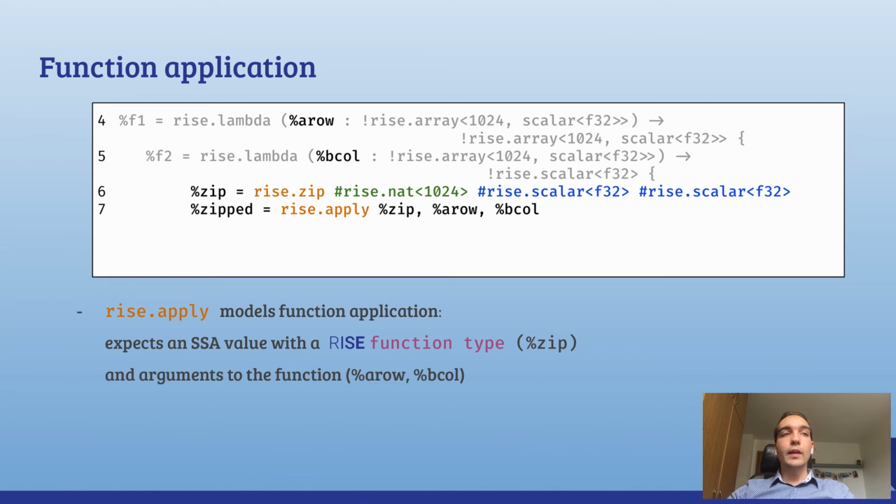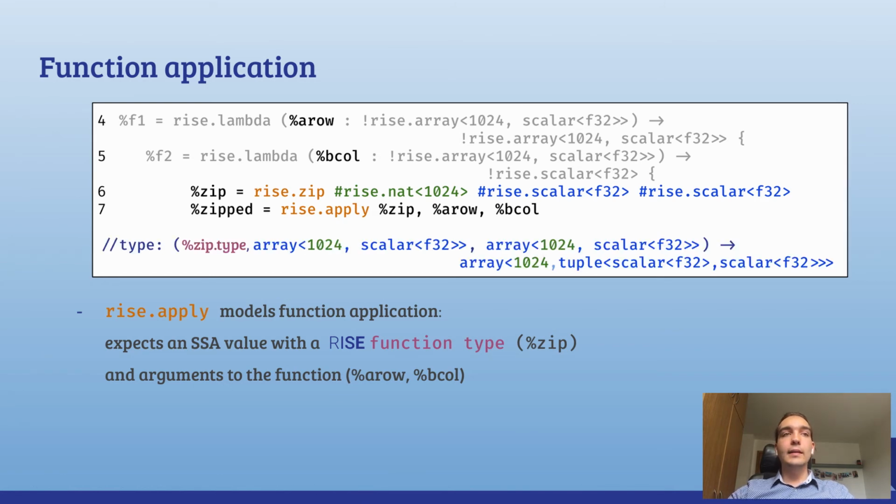And one or more values, which are the arguments to this function and have to fit its type. These are %A_row and %B_col. So these are the input to the function zip. And in consequence, the type of the result is the output of the function type of the applied function. So here it's, for example, an array of size 1024 with tuples of two scalar F32s as elements.